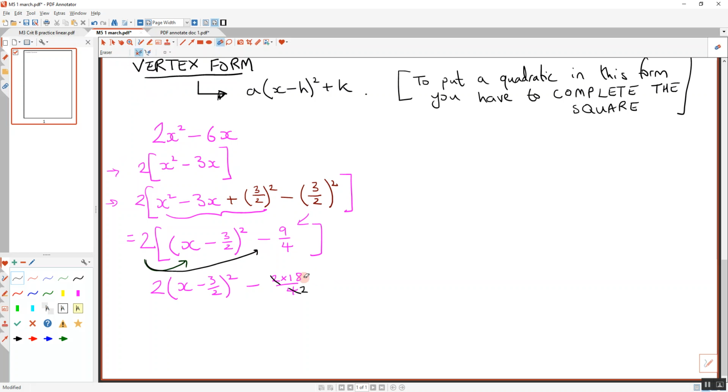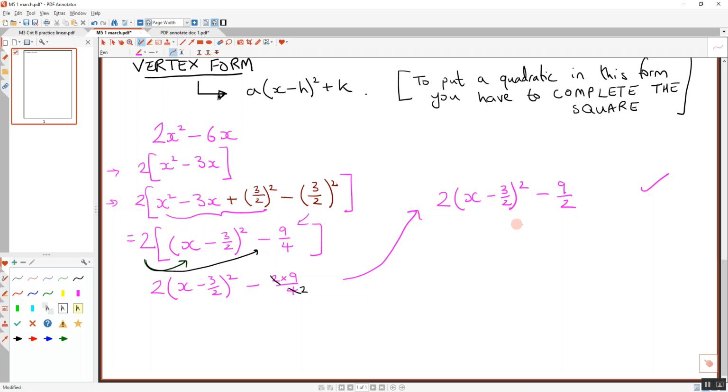Oh, hang on, mistake there. It should be 2 times 9. So I'm just going to write it up here so we have enough room. And that is now in our vertex form. So remember, you always add on half the middle term squared, subtract it off. The first 3 terms collapse into this first part, and then you work out the remaining part.